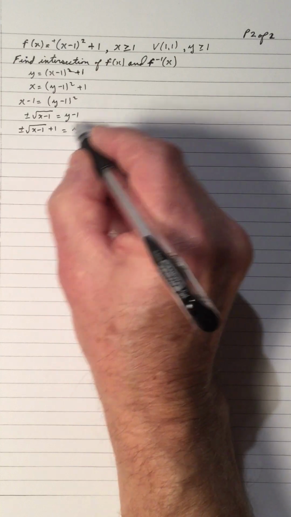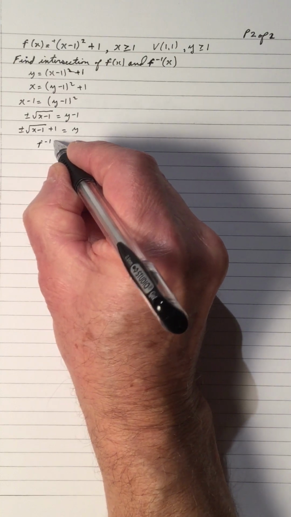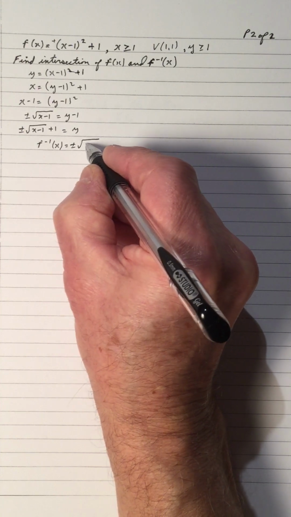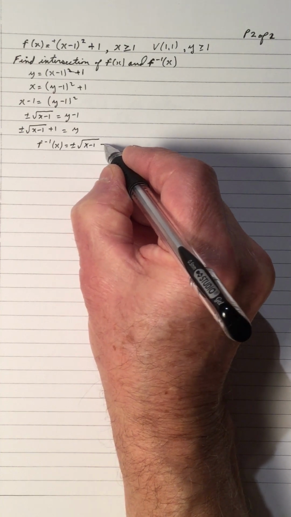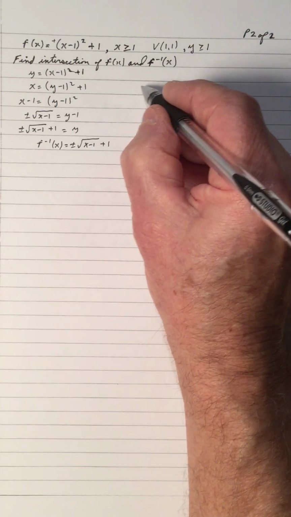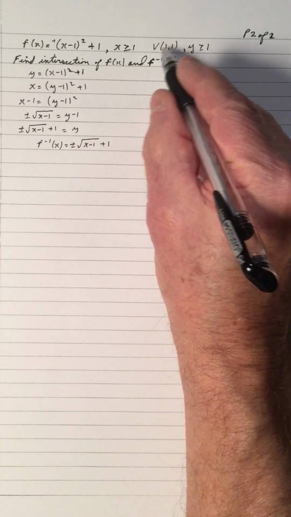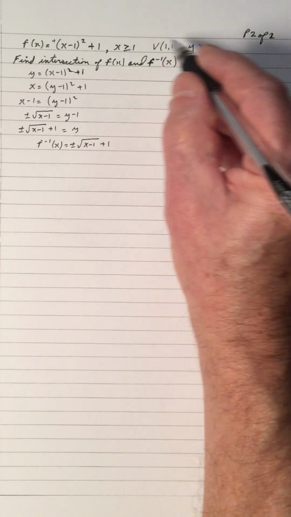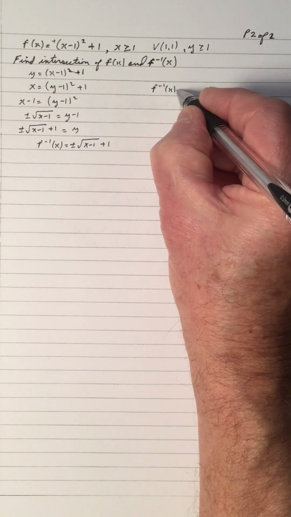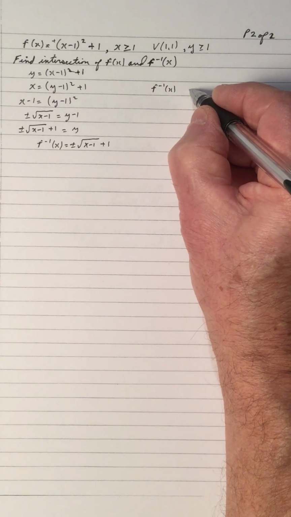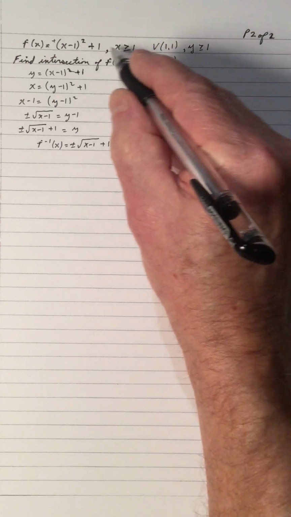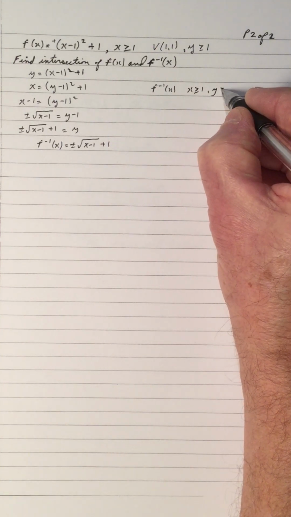So this is f to the negative 1 of x, equal to plus or minus the square root of x minus 1, plus 1. But if you notice, if the f of x has a domain and range, then f to the negative 1 has a domain x greater than or equal to 1 and y greater than or equal to 1.